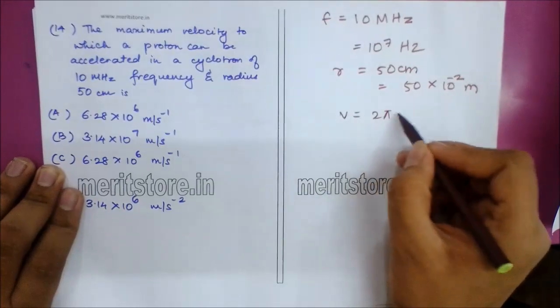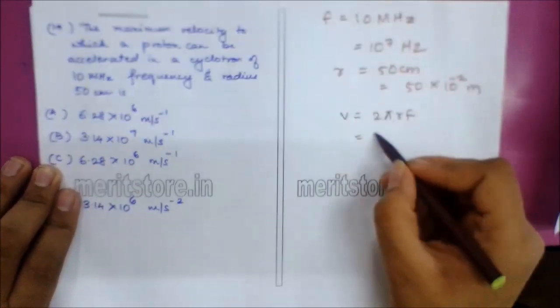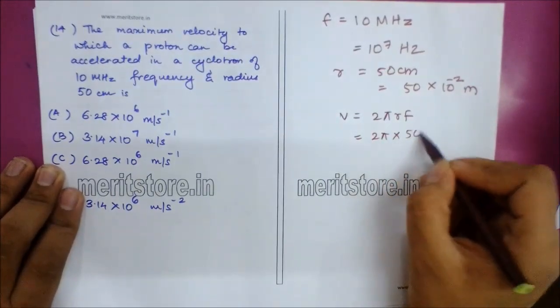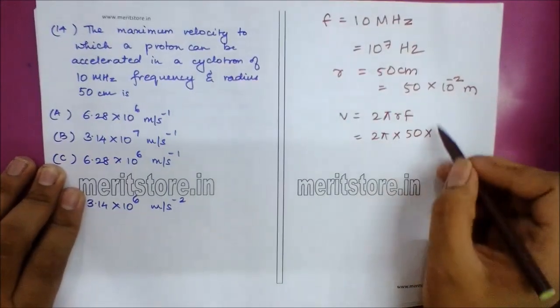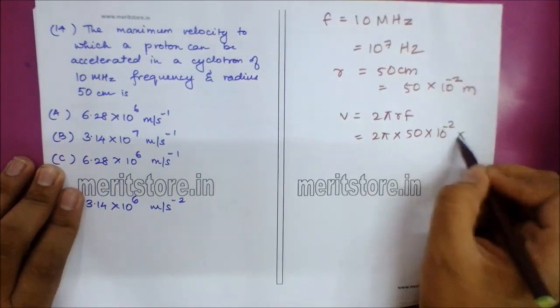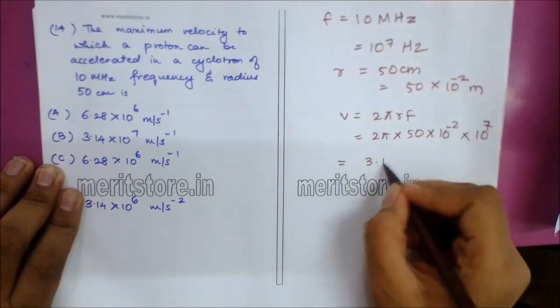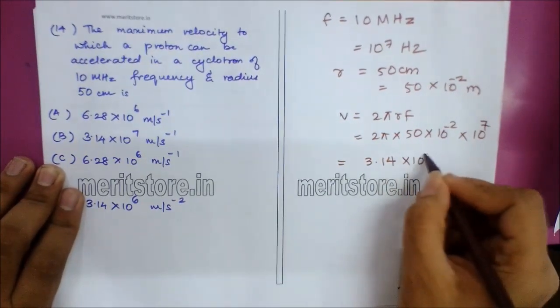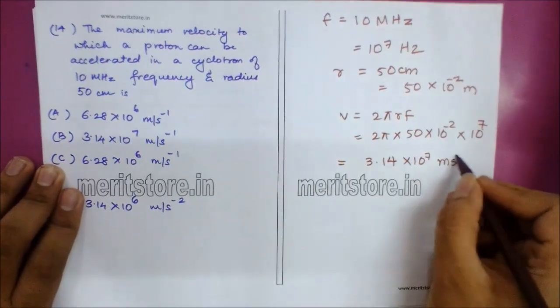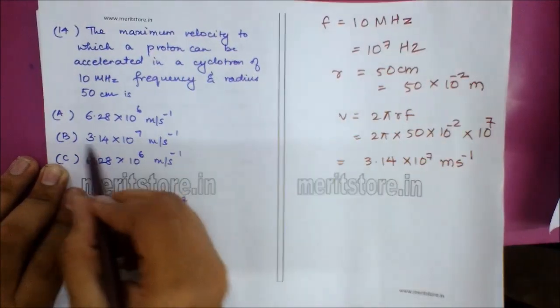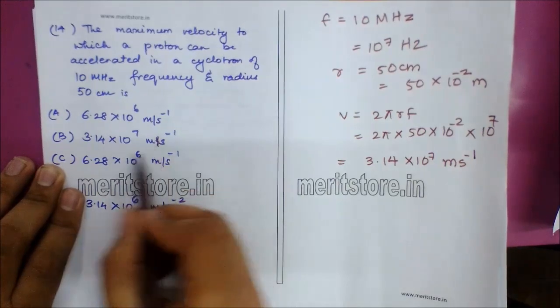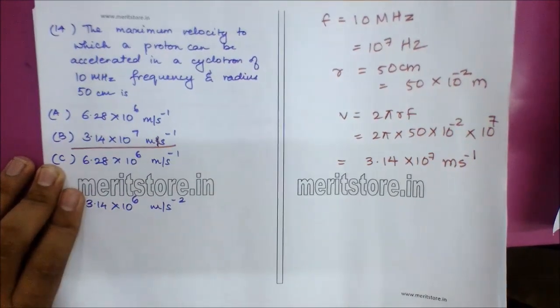V is equal to 2 pi RF, that is 2 pi into R. The value for R, that is radius, is 50 into 10 raised to minus 2 and F is 10 raised to 7. On solving, we get 3.14 into 10 raised to 7 meter per second. So option B, 3.14 into 10 raised to 7 meter per second is the correct answer.